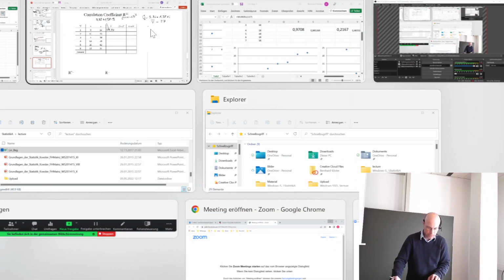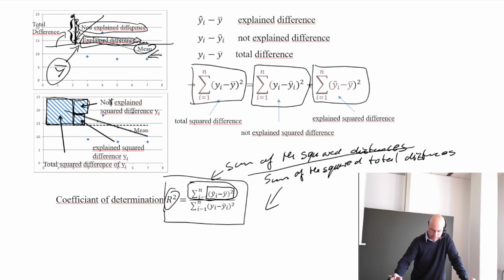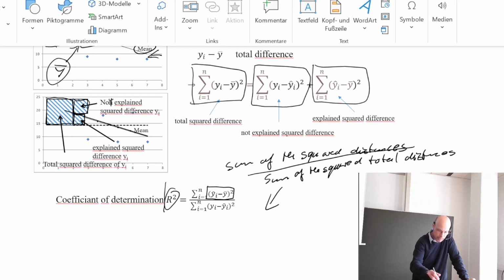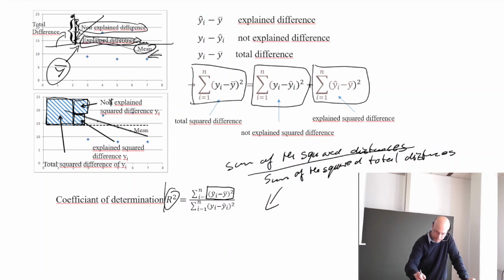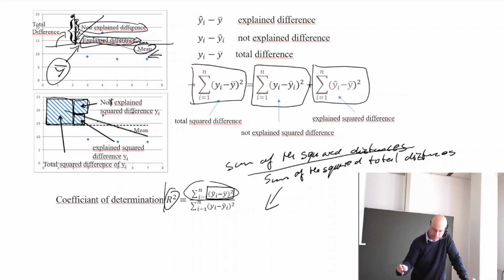And what we also wanted to do is to calculate our correlation or coefficient of determination, and this was given by the sum of all explained squared distances divided by the sum of all total squared distances.